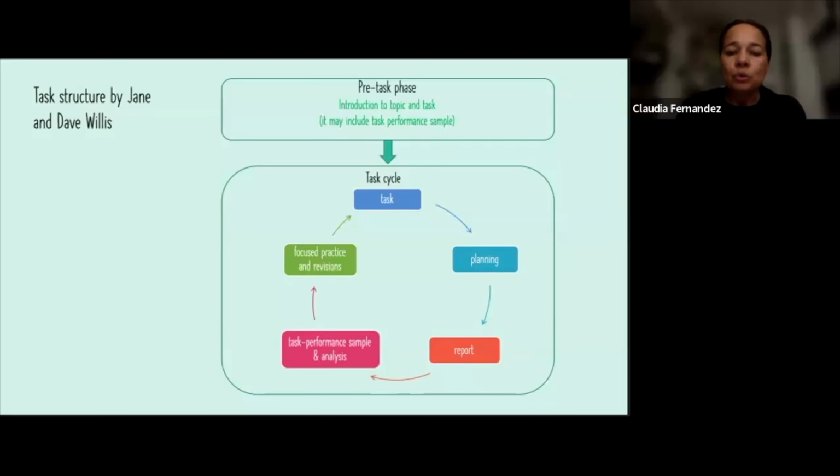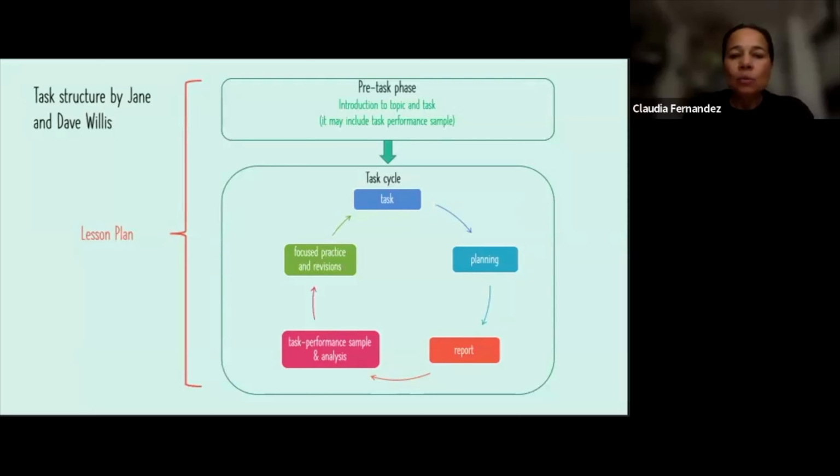This is to analyze and compare what they did with what other people that are more proficient do. And if there are some things that the students want to pay attention to, or the teacher wants to pay attention to, like emerging forms, for example, that students are still learning, they can focus on them, right? And see in what ways they can be improved, right? After all this information, students do the task again with the same peers or with different peers. So task structure can be a nice lesson plan.